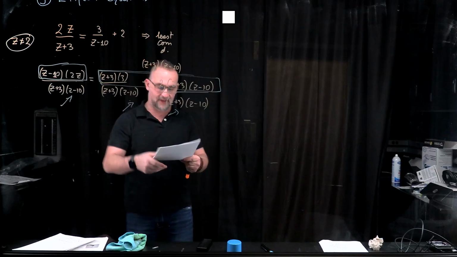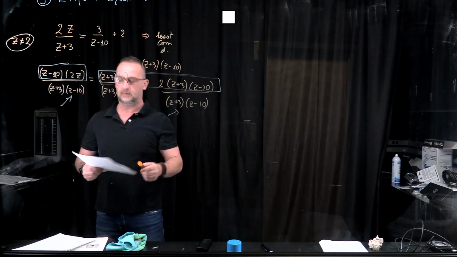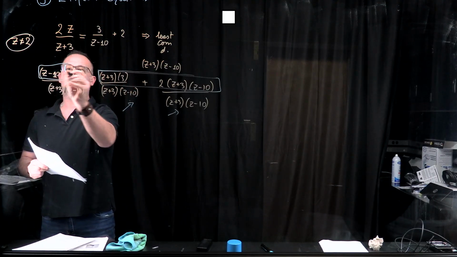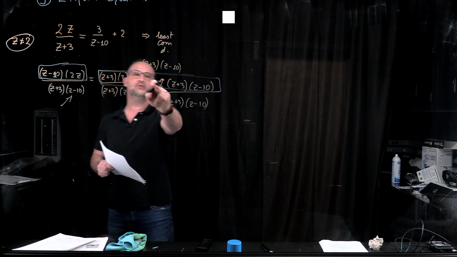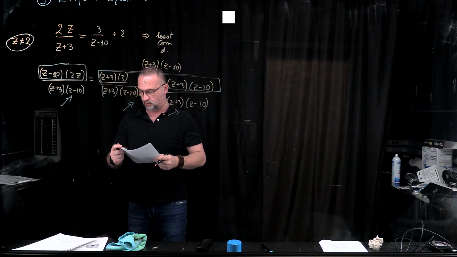So we don't have any use for all this denominator. Essentially what we can solve for is z minus 10 times 2z equals z plus 3 times 3 plus 2 times z plus 3, z minus 10. That's all we have to do.